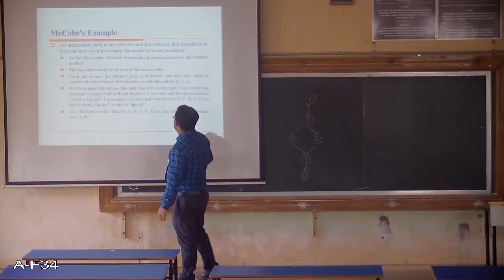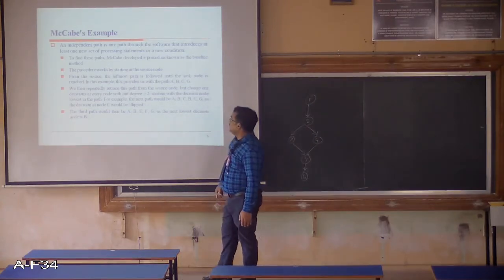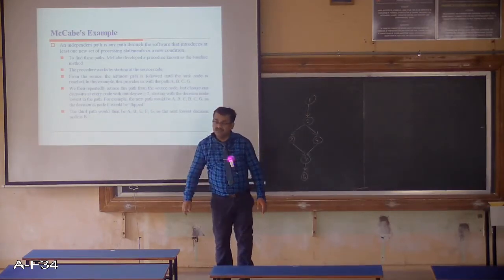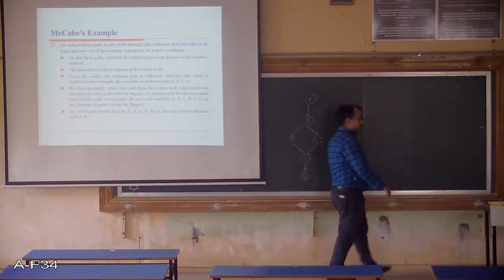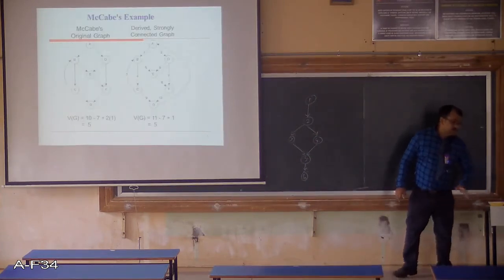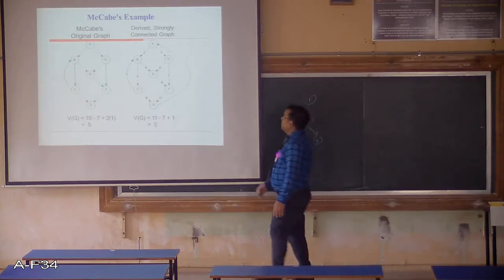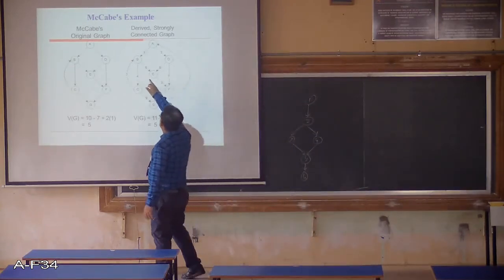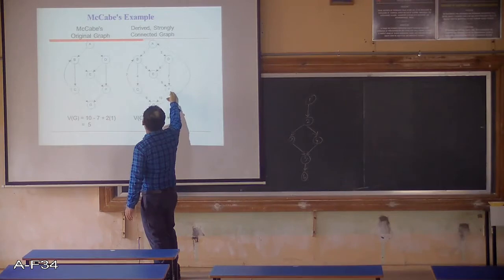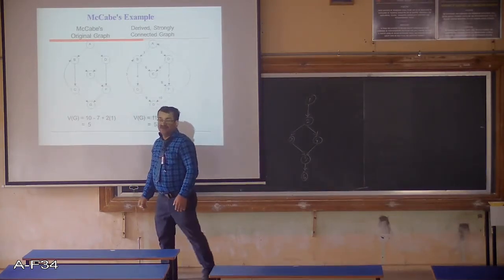So the third path is A, B, E, F, Z, as the next lowest decision node is B. That is, A by edge 1, then from B it takes edge 5 to E, from E it takes edge 8 to F, from F it takes edge 10 to reach Z. So this path becomes the third path.